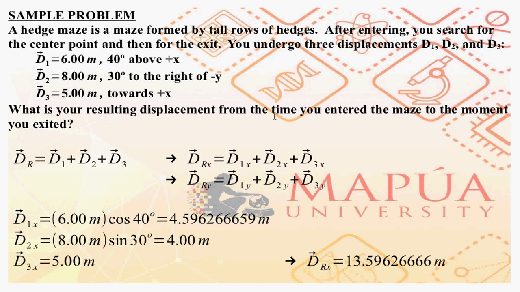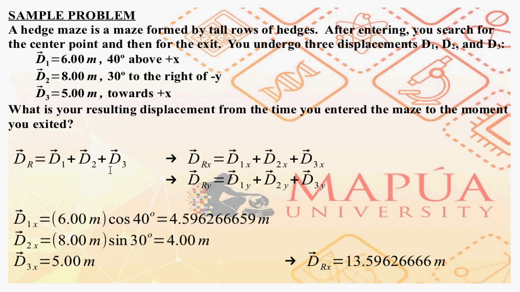Determine your resultant displacement from the time you entered to the moment you exited the maze. In entering and leaving the maze, you have three displacements, D1, D2, D3. The resultant displacement is Dr equals D1 plus D2 plus D3.